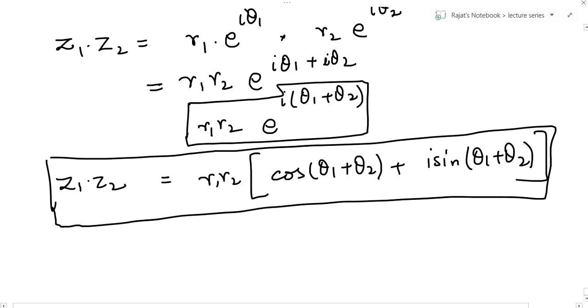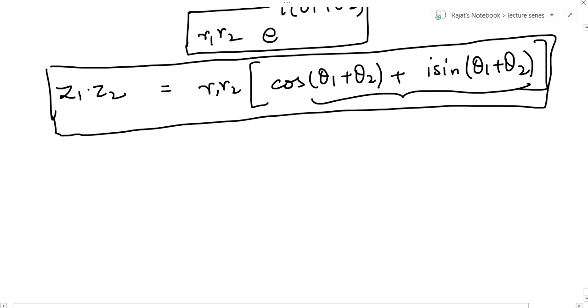You can multiply the expressions in polar form and try to use the various formulas for cos(a plus b), and whatever expression you get, you will finally arrive at this expression. This is just brilliant. This is so powerful. Okay, so you can extend this further.